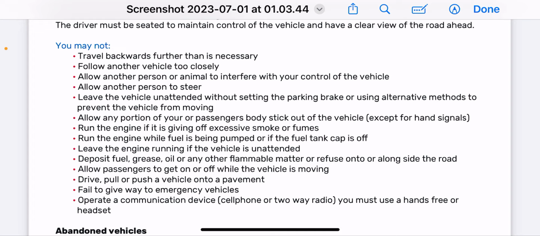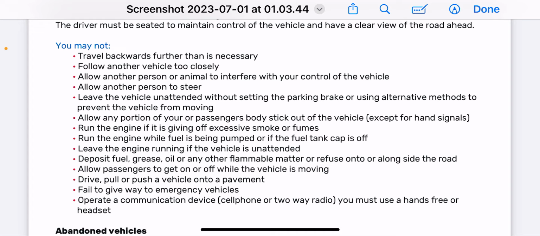You may not run the engine if it is giving off excessive smoke or fumes. You may not run the engine while fuel is being pumped or if the fuel tank is off. You may not leave the engine running if the vehicle is unattended. You may not deposit fuel, grease, oil, or any other flammable matter or refuse onto or alongside of the road.